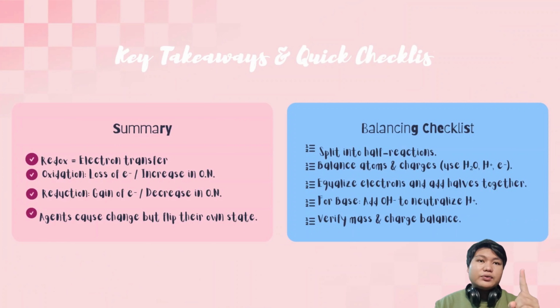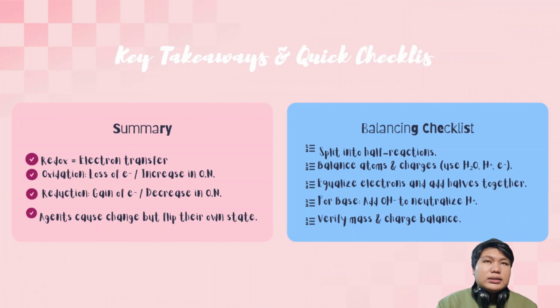First, split into half reactions. We need to remember how to split the equation into half reactions, then how to balance atoms and charge, if it includes polyatomic ions. Third, we need to know how to equalize electrons and add the half reactions together.